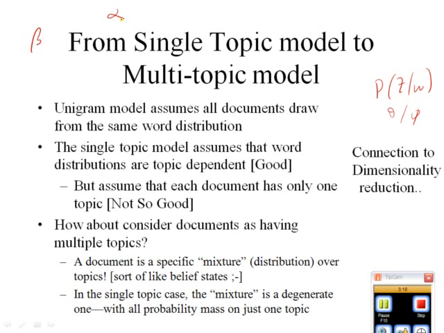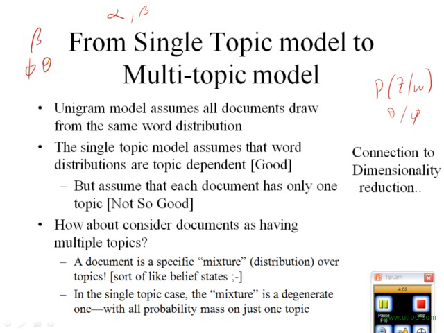Some other people use alpha and beta for hyperparameters, because there are two hyperparameters, one for the Dirichlet of the topics and one for the Dirichlet of the words, and then use phi and theta for the two multinomial distributions. Unfortunately, I just noticed that there are these variations, so you might get confused a bit on that. But let me try to get you through the ones that I have.